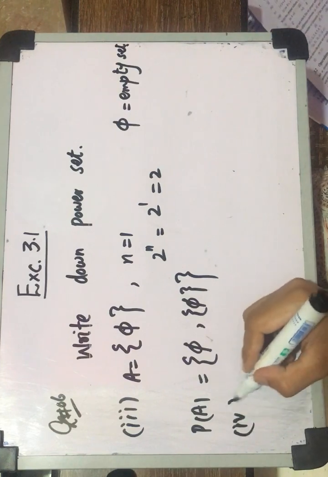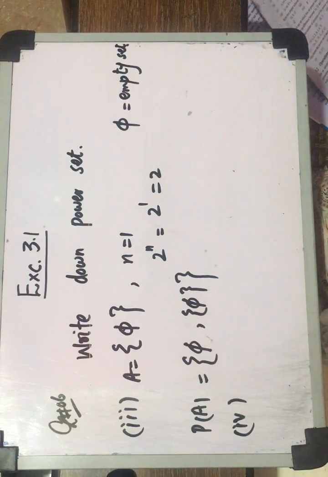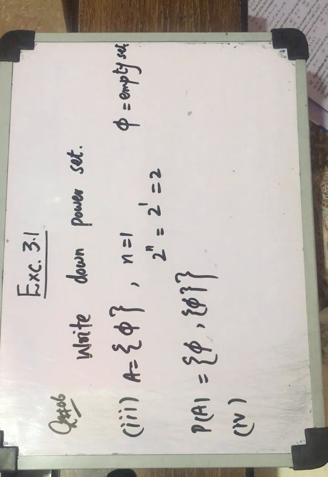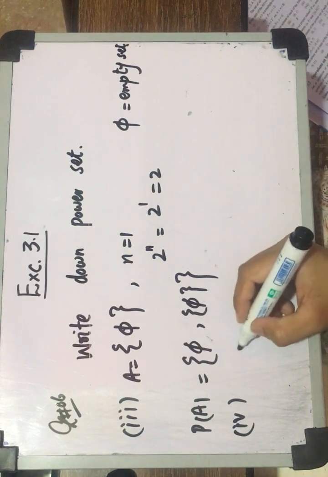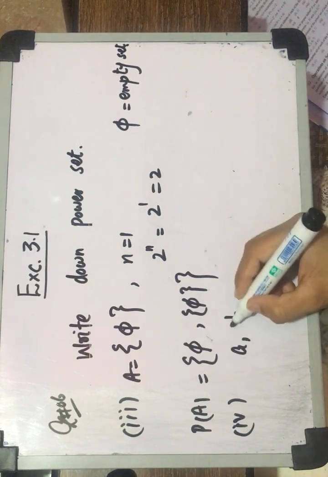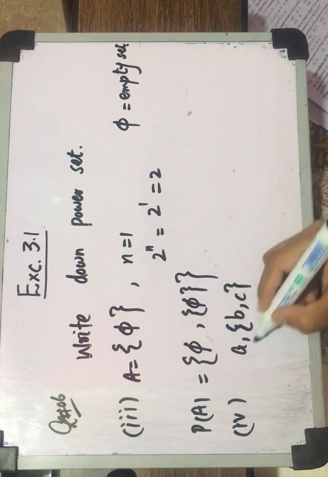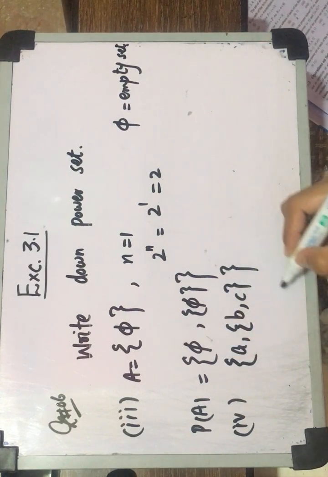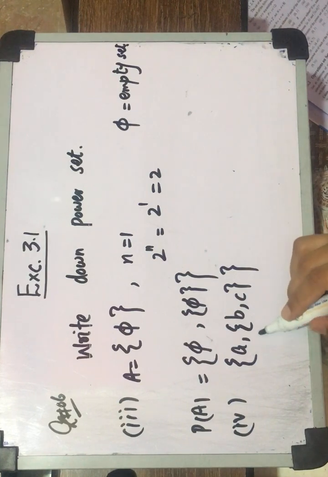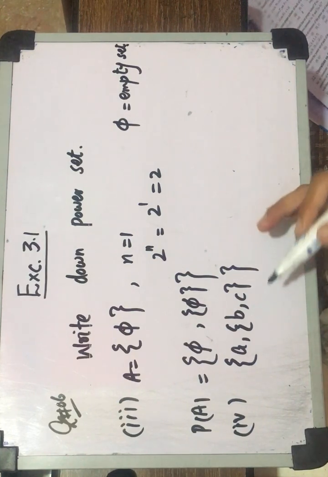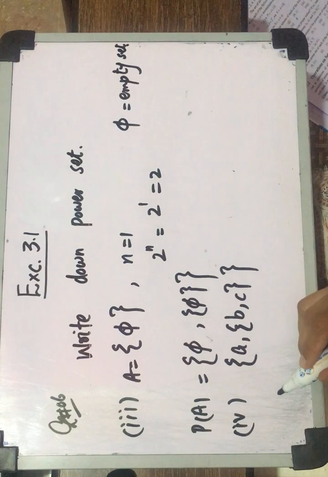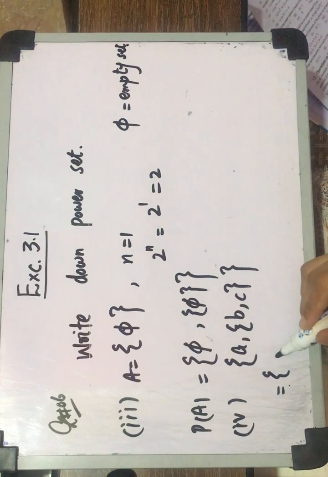Okay, number 4. At number 4 we have A, B, C. How many elements are here? Here are 2 elements. For n is equal to 2 we have 4 power sets. So let's start to write it.